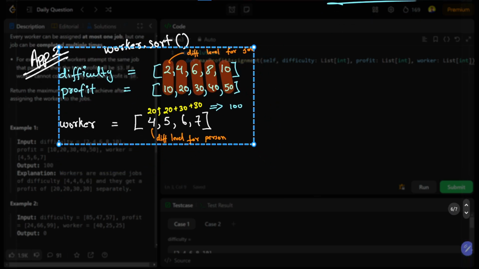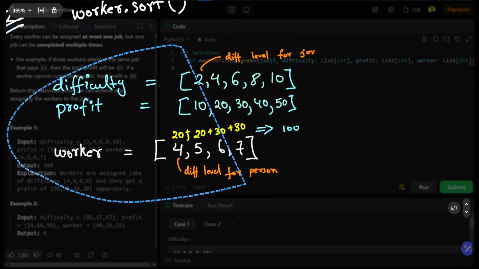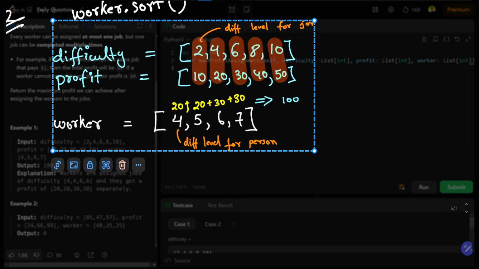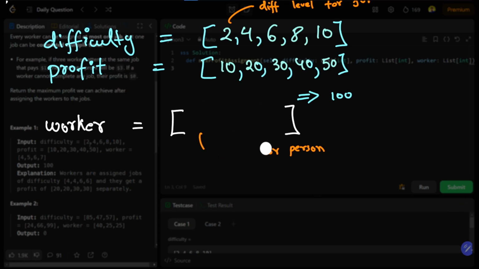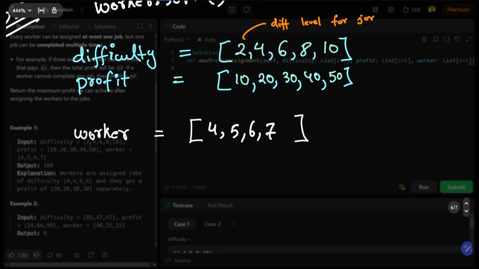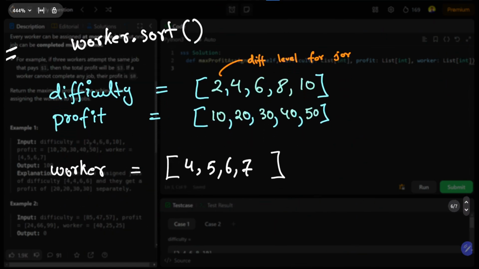I need this particular worker array to be sorted in increasing order. So if I sort this array, it will become 4, 5, 6, and 7. As you see, it was already sorted, but for namesake we sorted it again.